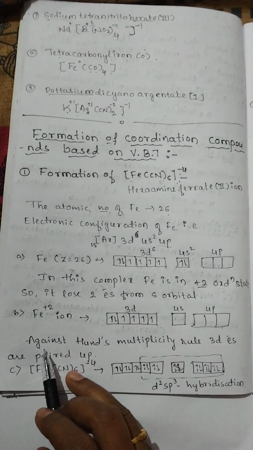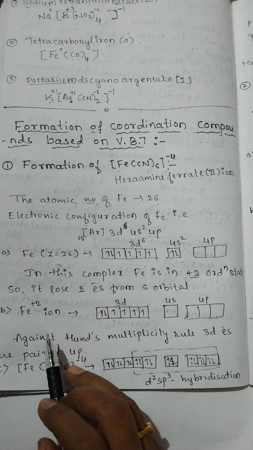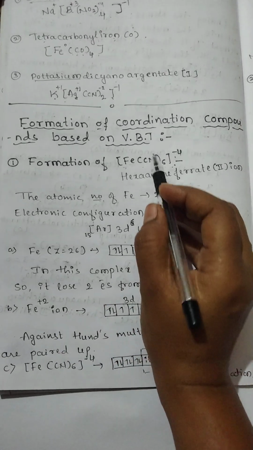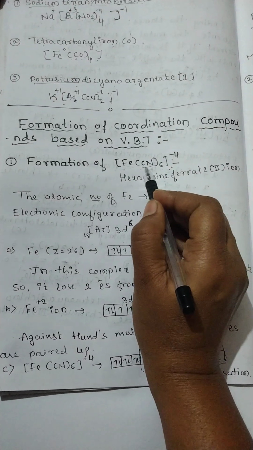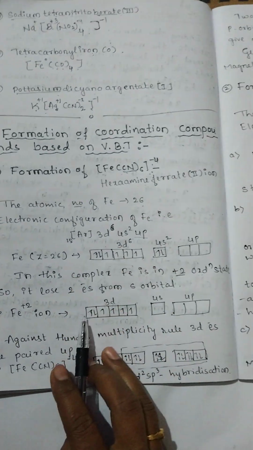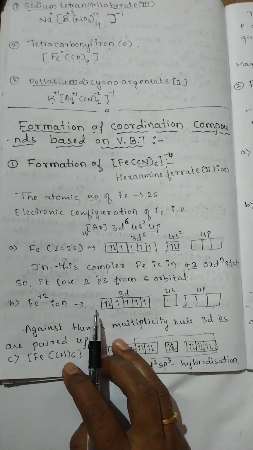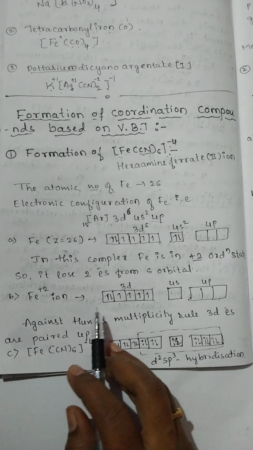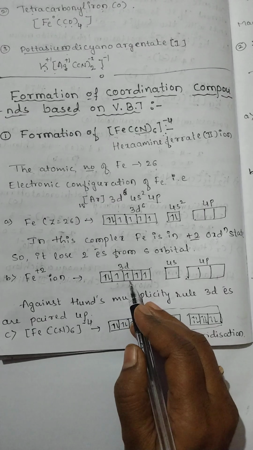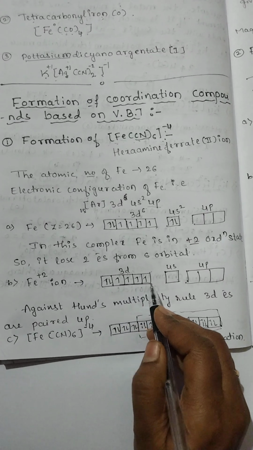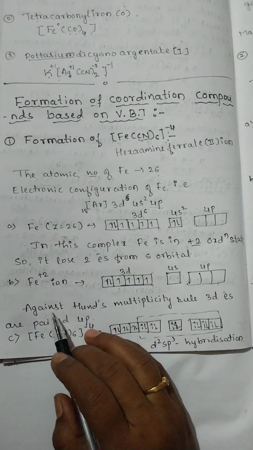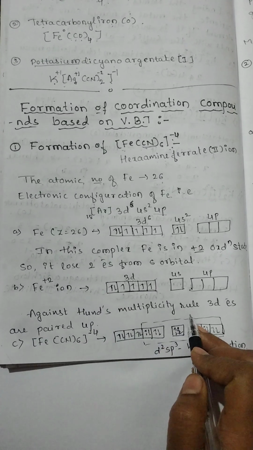Now due to the influence of a strong field ligand, here the cyanide, that is cyanide is one of the strong field ligands, the unpaired electrons present in the 3d orbitals are forced to pair up against Hund's multiplicity rule.